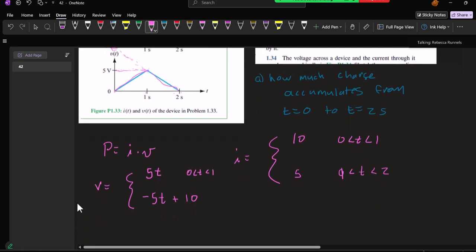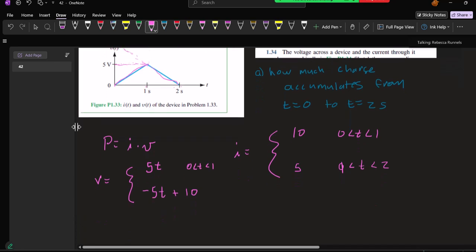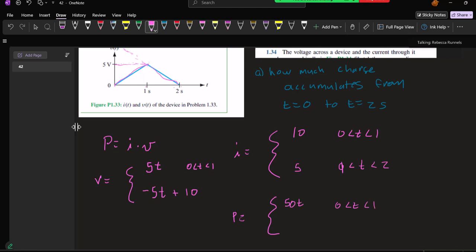Now, you don't actually need these in order to answer this, but this will just kind of prove the point that power is current times voltage. So power is 50t for t between 0 and 1. And between 1 and 2, it is negative 25t plus 50.